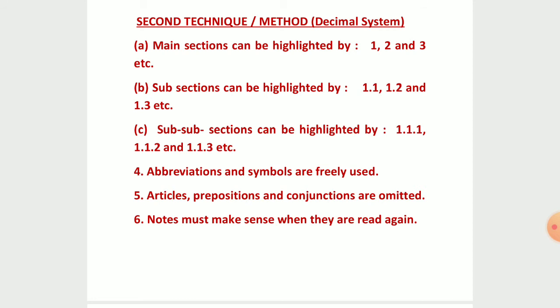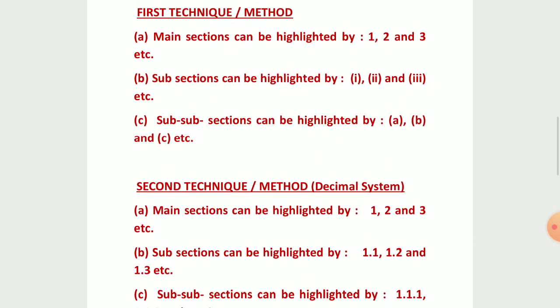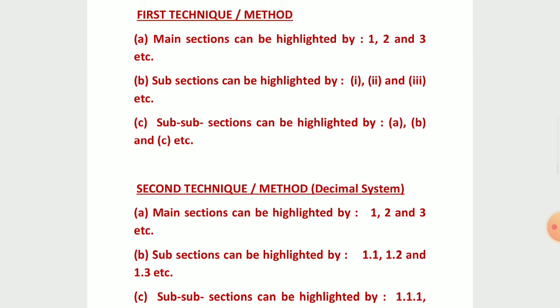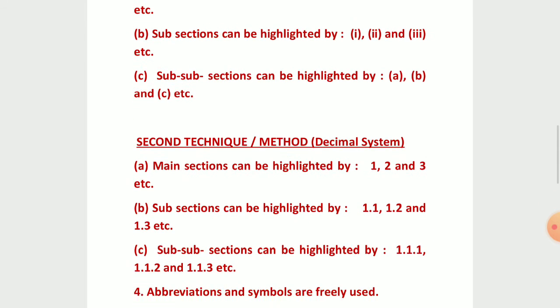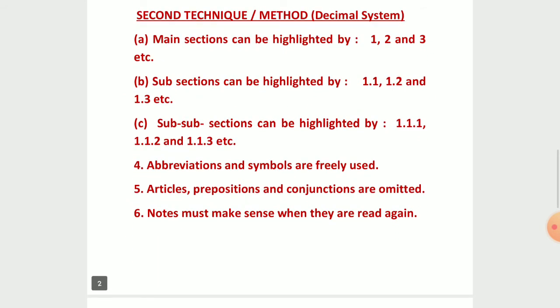But the changes will come in the second point, when we discuss how to proceed with the subsections. Now if I scroll up, you will find that in the first technique, subsections are highlighted by Roman 1, Roman 2 and Roman 3. But now if you see this one, here subsections are highlighted point wise.